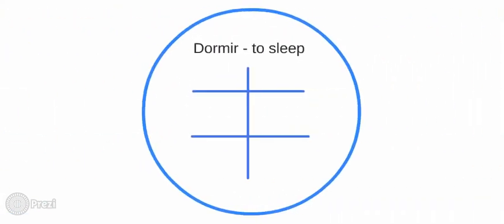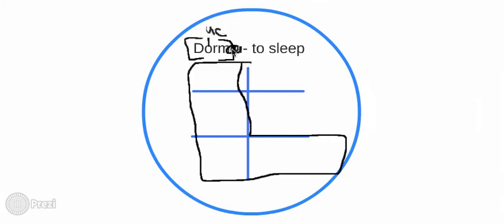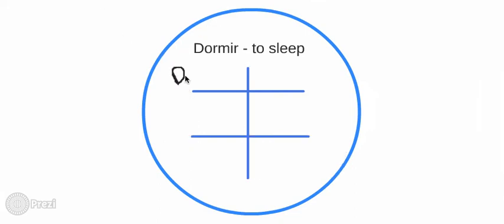Take a look at dormir. Here's our second example: to sleep. Again, follow along with me if you'd like. Otherwise, pause me, try it, and double check. Dorm is my stem. IR is my ending. I'm getting rid of it. I'm going to change the O here to UE in my boot, which I'm going to draw out to remind myself. All right. So now that I've done that, I'm going to fill in my blanks. Duermo.